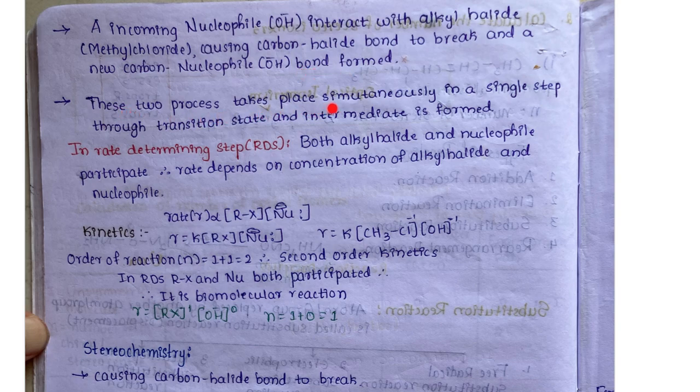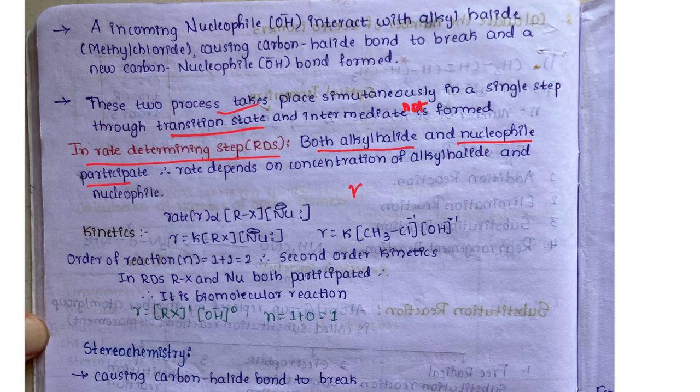These two processes take place simultaneously in a single step through a transition state, and an intermediate is not formed here. In the rate determining step, both alkyl halide and nucleophile participate.